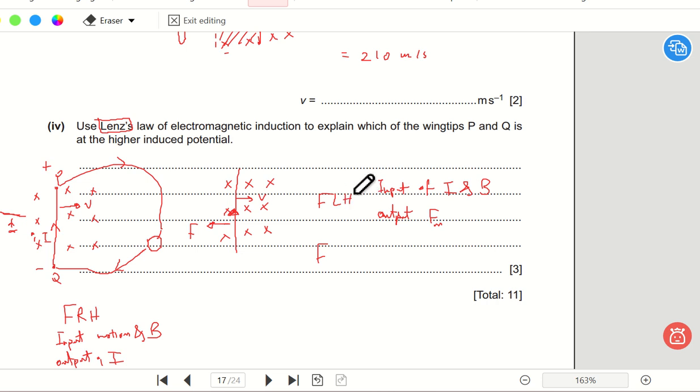So it is like an inverse Fleming hand problem, where we don't enter with I and B, instead we enter with the output force and certainly B to find I. So the answer will be: as there is a magnetic force acting backward on the wings, the current should be from bottom to top.